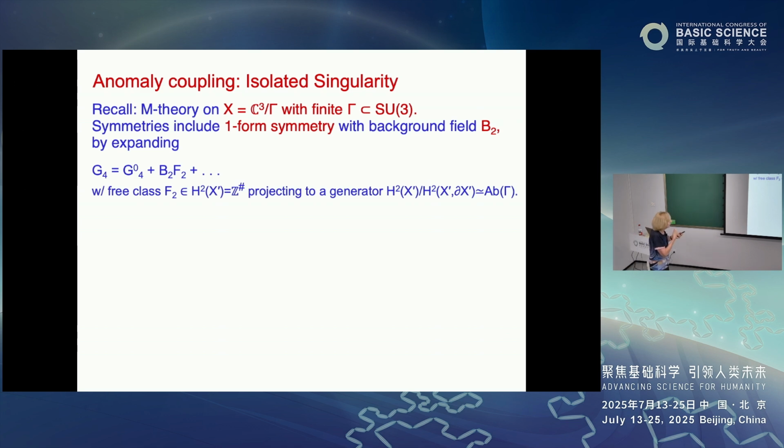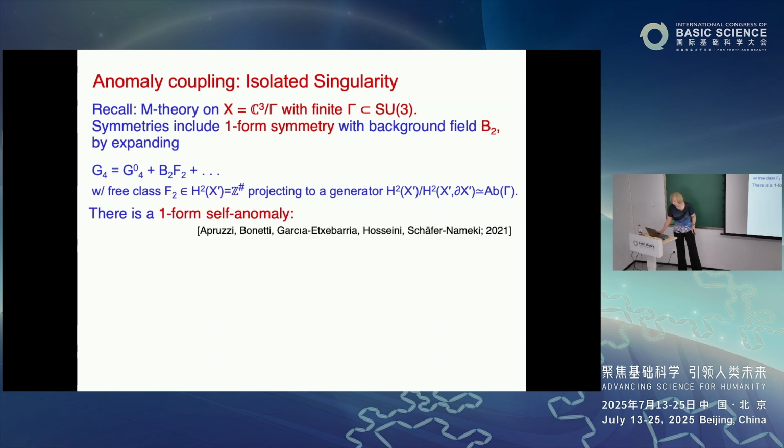So there is the resulting 1-form field, and then we have the field strength that lives now in the extra non-compact space and is associated with a particular second cohomology in this extra space.